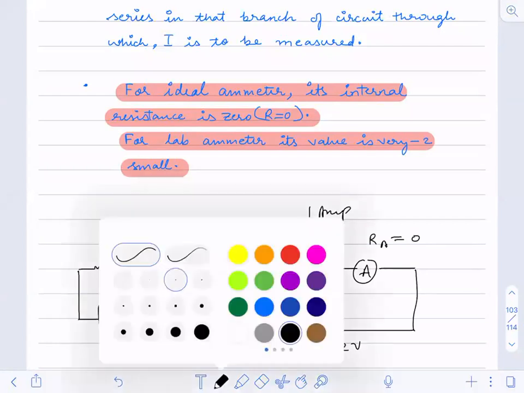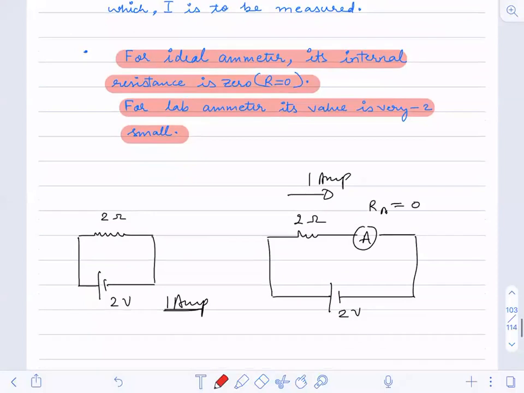Now if I say the emitter has 2 ohms of resistance, what is the current in the circuit now? Is it 1 ampere or less than 1 ampere? It will be less than 1 ampere.